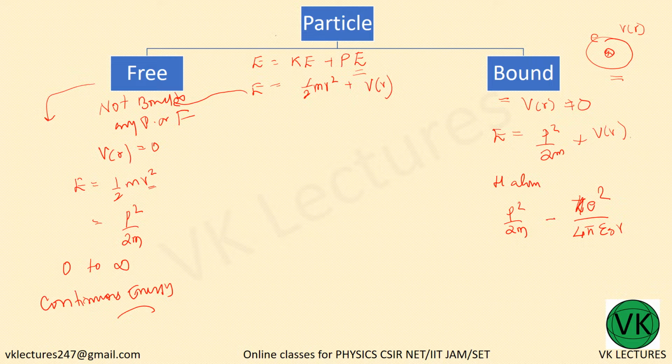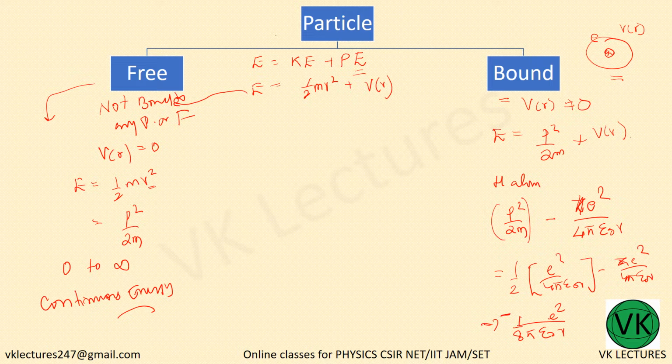So for the hydrogen atom, this value is also equal to 1 by 2 into e square divided by 4 pi epsilon naught r, minus e square divided by 4 pi epsilon naught r. Together we get e square divided by 8 pi epsilon naught r with a minus sign.